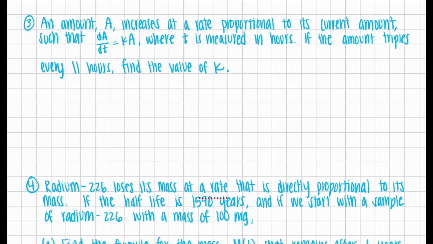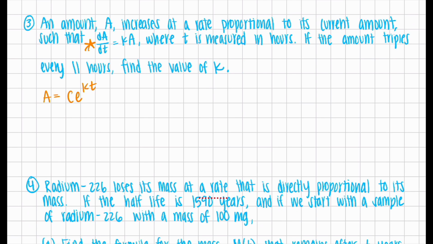Number 3 says an amount A increases at a rate proportional to its current amount. So notice, and they're giving it to you also, dA/dt equals KA, where T is measured in hours. If the amount triples every 11 hours, find the value of K. So we have that A equals, since they gave us this info right here, I can use that A equals Ce to the Kt.